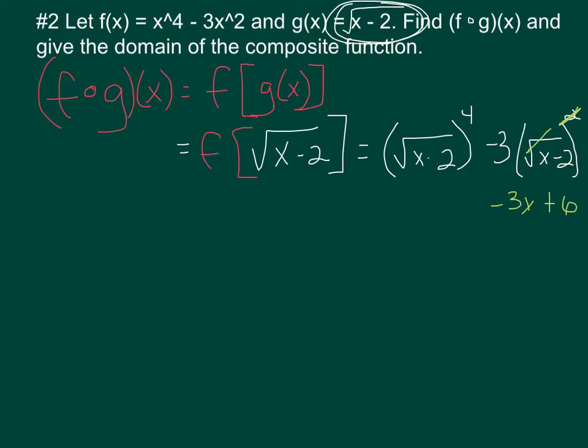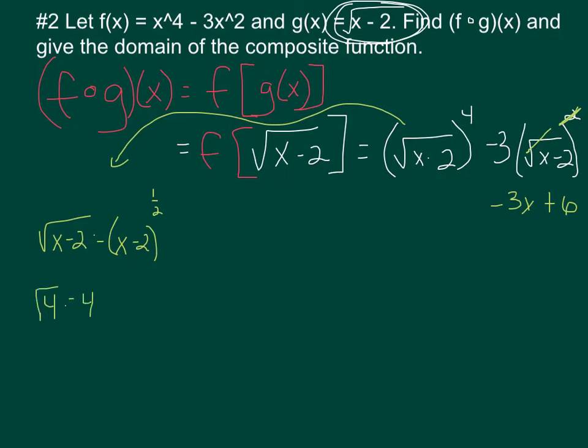Now, can we clean this guy up at all, this first guy? And we can. I want to make a little side note right here. From Algebra 2, do you remember what a square root is as a power? If you rewrite this as a quantity, x minus 2, if you're taking the square root, that's the same thing as the 1/2 power. 4, the square root, same thing as 4 to the 1/2 power. Answer 2.